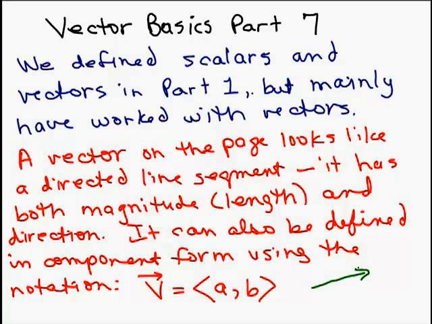It's got a direction, that's why the arrow is pointing a certain way. And we've also been able to write it in this component form, and we've added vectors, and we have figured out the length or magnitude of a vector. So now we're going to work a little bit more with scalars and vectors.